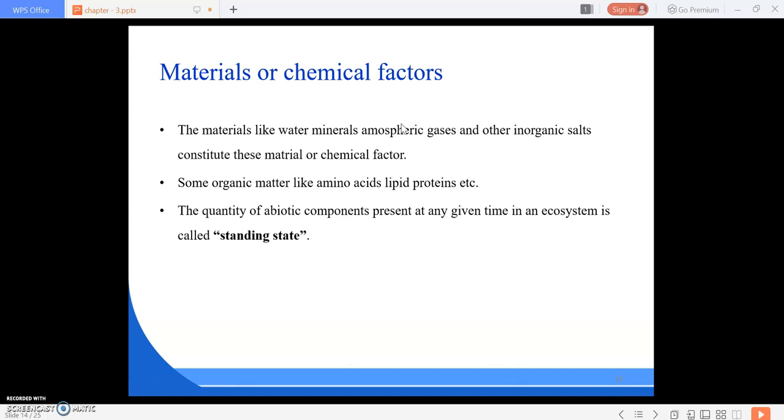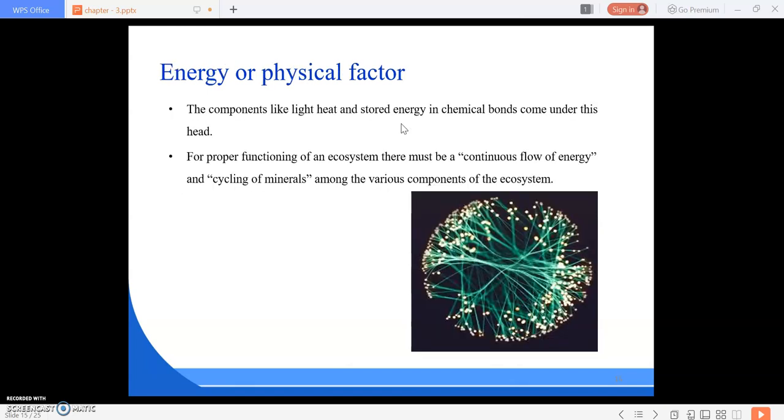The quantity of abiotic components present at any given time in an ecosystem is called our standing state. So the quantity of abiotic components present in our ecosystem in a given time period is called our standing state. Understood?